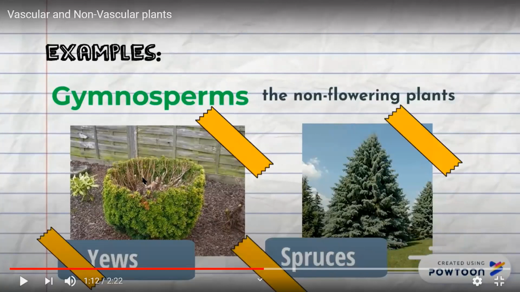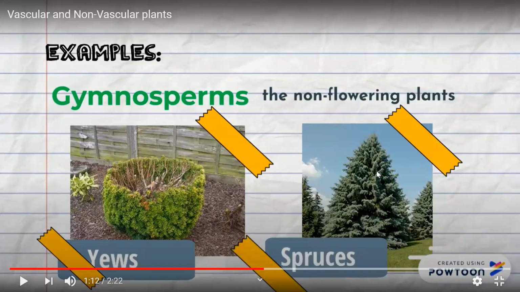I call them vascular because they have tubes, they have long stems, and a lot of branches. All these have a suction system so they can absorb water and deliver it to the whole plant.